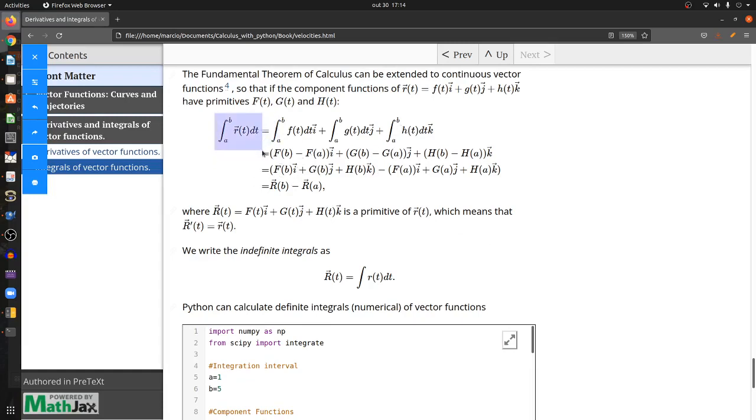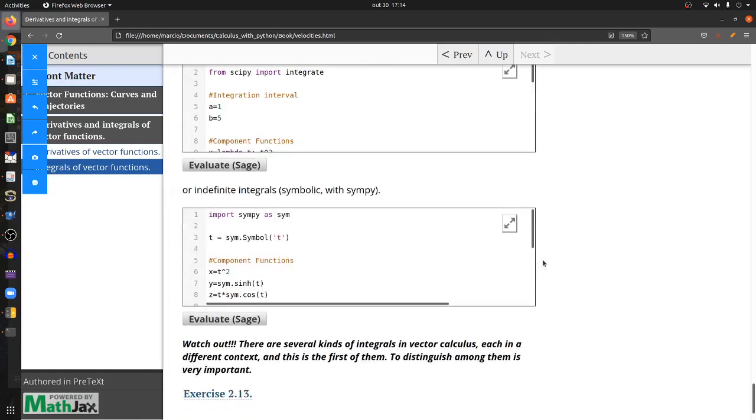Integrating once more, and inputting the initial position, we find the position of the object at every instant. The codes calculate definite and indefinite integrals of vector functions.